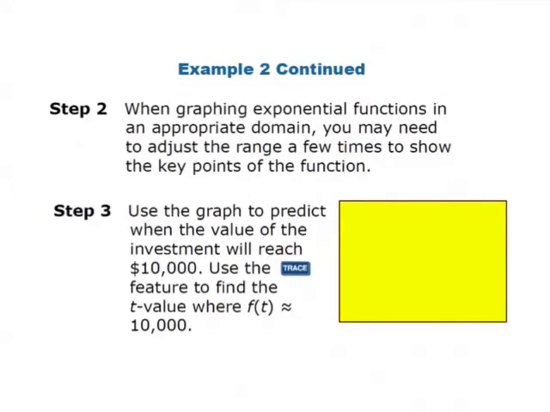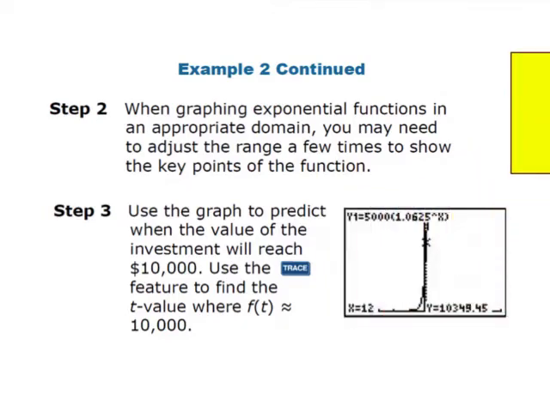In other words, just guess. I would set an X max of somewhere around 20 or 30, and a Y max to be something over 10,000, maybe 12,000 for example. When you graph it, the graph should look like this. This is what mine looks like.